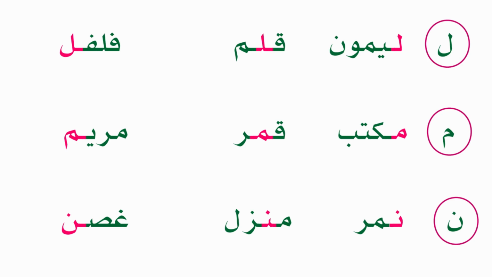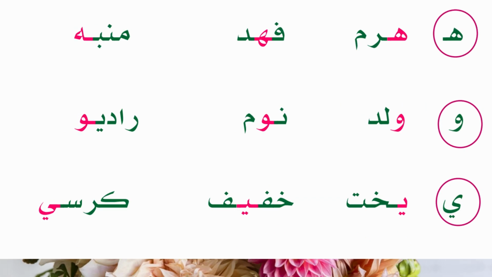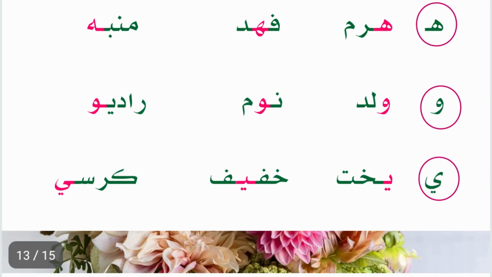Do you think letter noon here adjusts like other letters? What about the letter waw? Isn't it so much like ra and zay? What does letter ya remind you of? We are not finished yet.